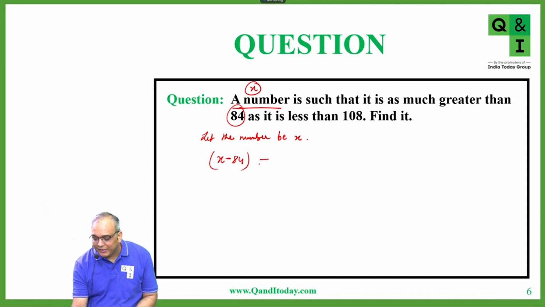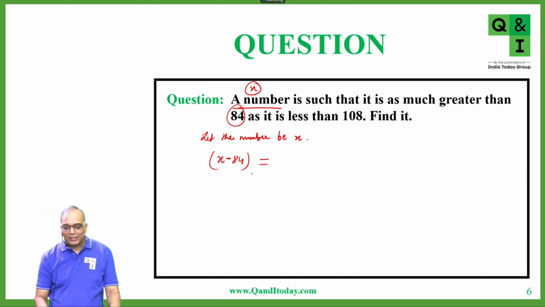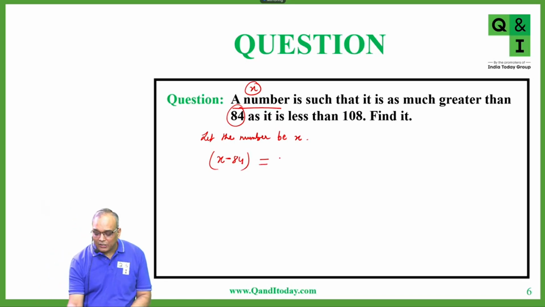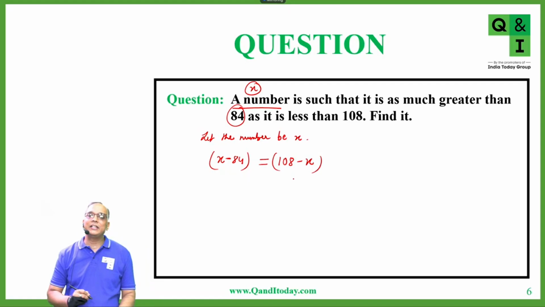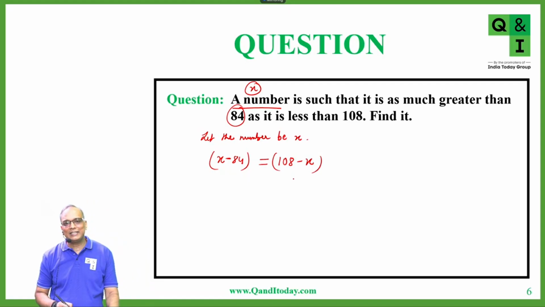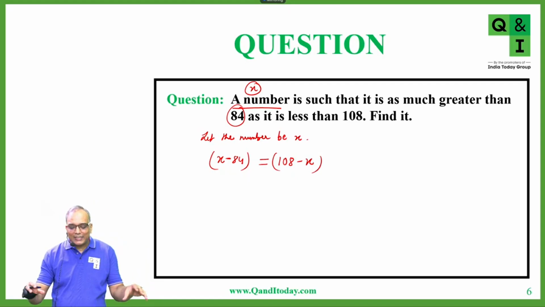And then this is equal to as it is less than 108. So how much is x less than 108? You will find the difference and then you will get how much x is less than 108. Now read the statement completely and see your equation.